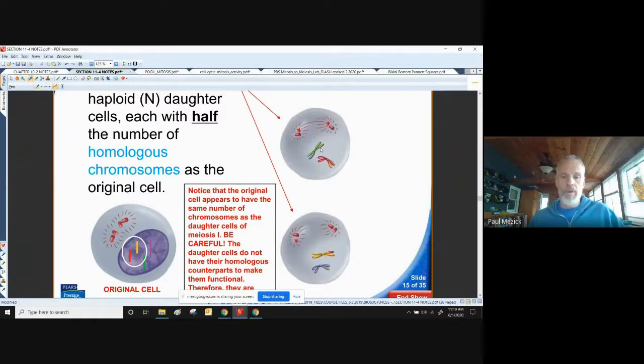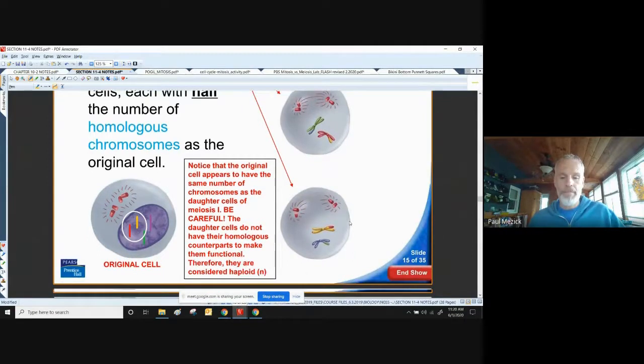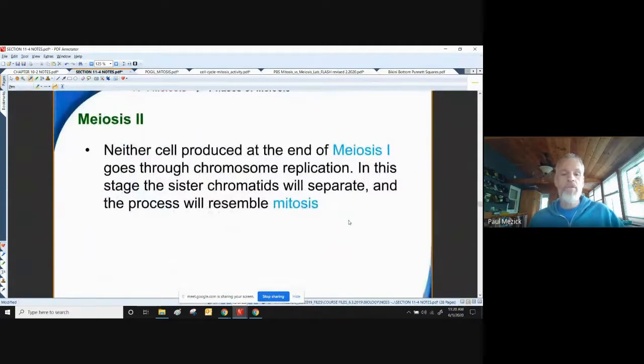It has its copy of one of those, and it has another chromosome and its duplicate copy. So it has 4 chromosomes, but it doesn't have the 4 it needs, so it's not a viable cell. This is the original cell. So what happens here is each one of these cells is going to go through meiosis one more time. And they call that meiosis 2.